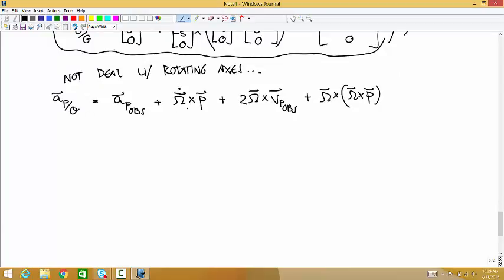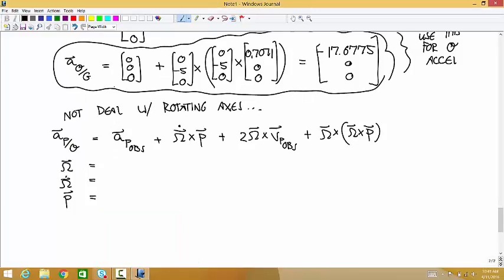So we're going to start with the easy ones, and then we'll go into the longer process of calculating the observed acceleration and observed velocity. Okay, so take a couple minutes and calculate those three things: the capital omega, the capital omega dot, and the position vector. Omega and omega dot are exactly the same as with the origin in the old location, because in both cases the axes are rotating the same as that rotating arm.